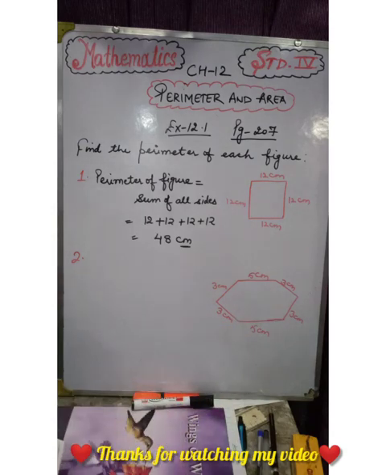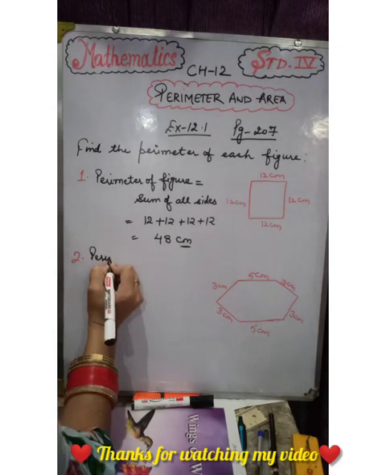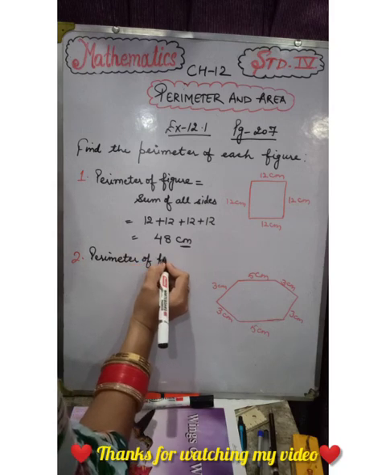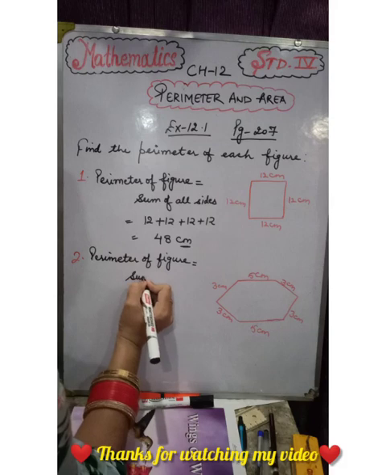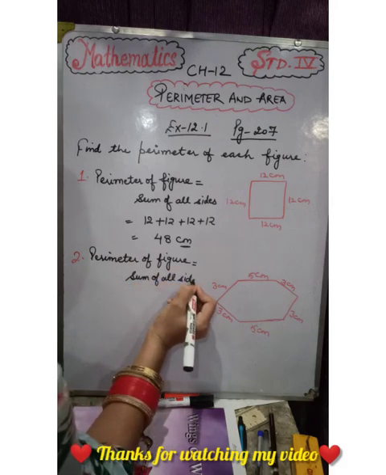Now let's start the calculation. First we write the formula: perimeter of figure is equal to sum of all sides.